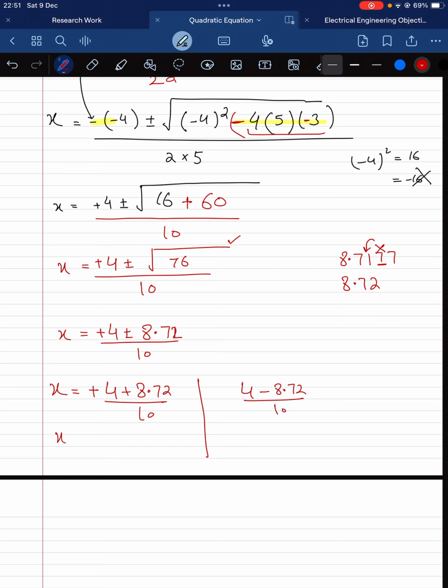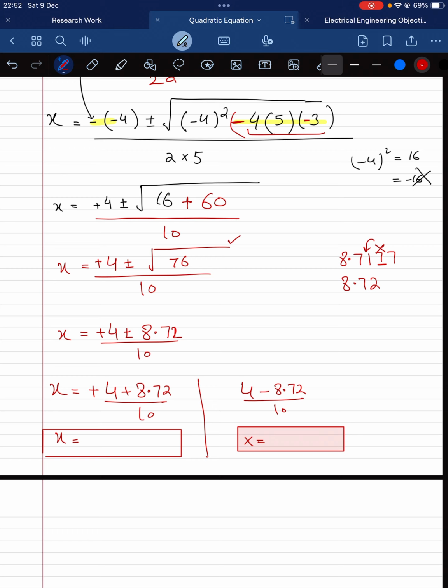Now you can just use the calculator to find the value of x, but make sure you write the final answer in three significant figures. So if we put it on the calculator, we have 4 plus 8.72 over 10.